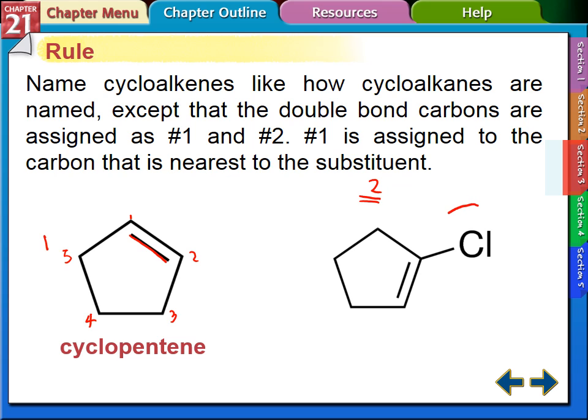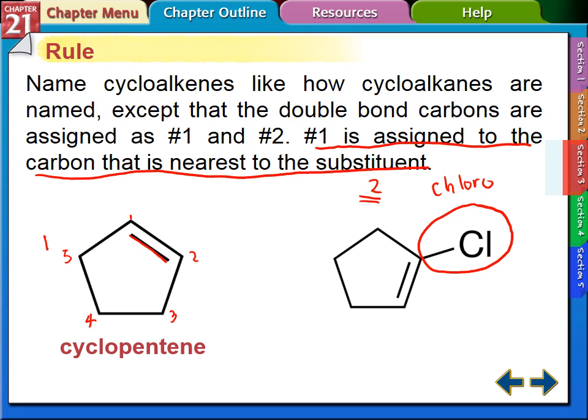Moving on to the second example, we have a cyclopentene. However, on this cyclopentene, we have a substituent, which is a chloro. Now, according to the last sentence of the rule, number 1 is assigned to the carbon that is nearest to the substituent. Since our substituent is chloro and it's attached to this carbon here, this should be our carbon 1, then carbon 2, 3, 4, and 5.